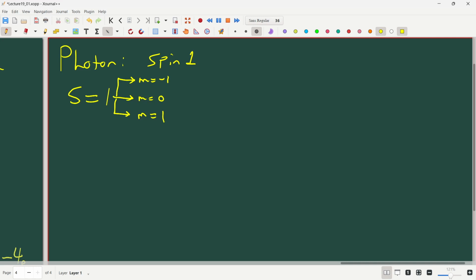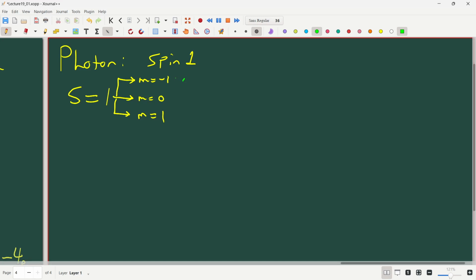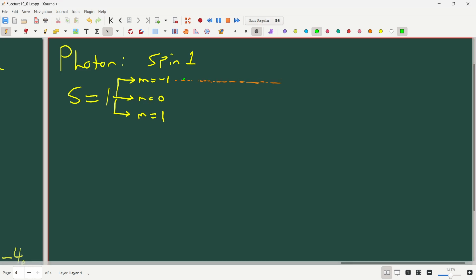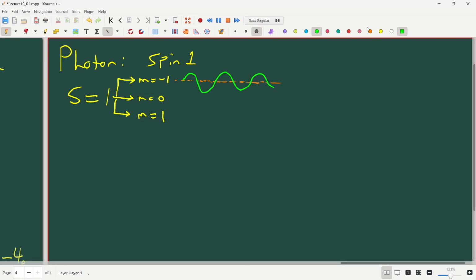What that means is that if you think of the photon as a wave, my propagation axis is like this. You can think of the photon as a wave propagating across space. So here's my wave function for my photon. -1 means clockwise rotation around the axis.